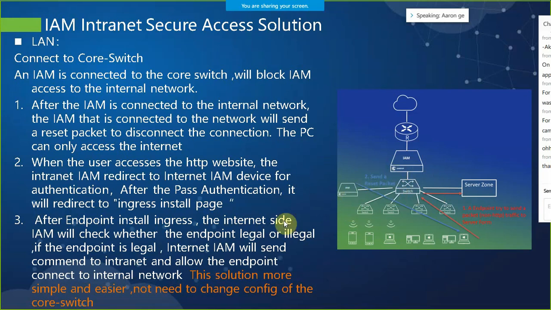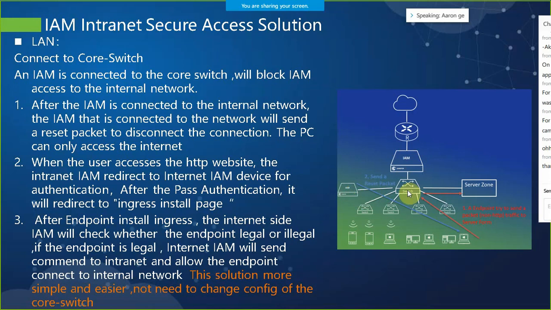The first step is that when the device starts a connection to the server or web application, the traffic will be detected by IAM. For HTTP traffic, it will redirect to the IAM for authentication.